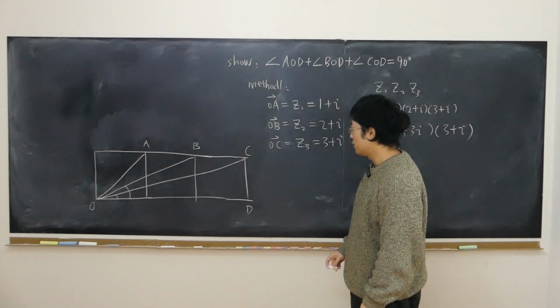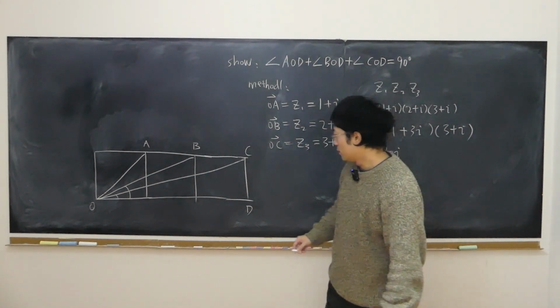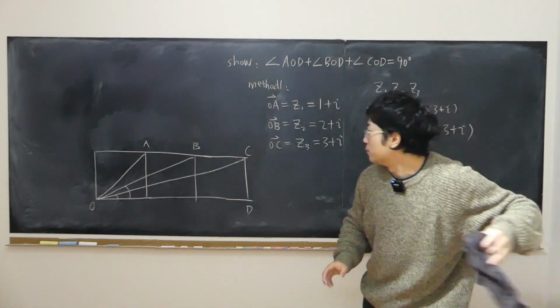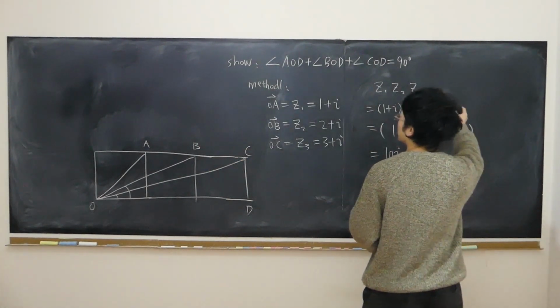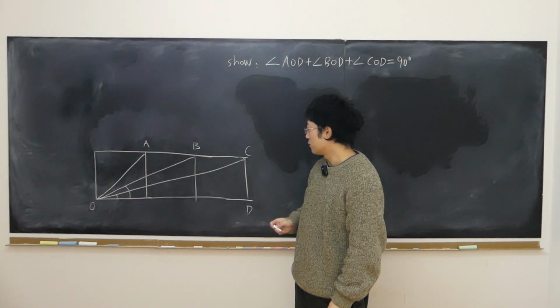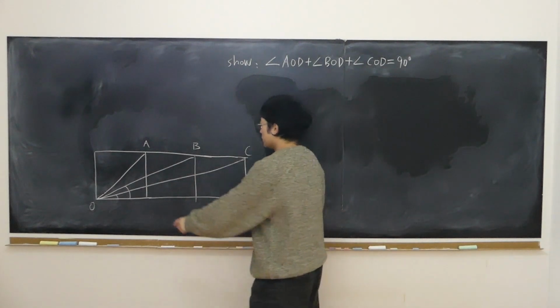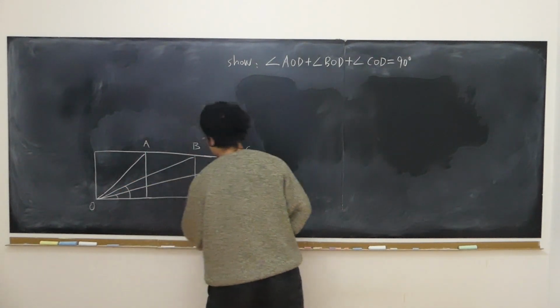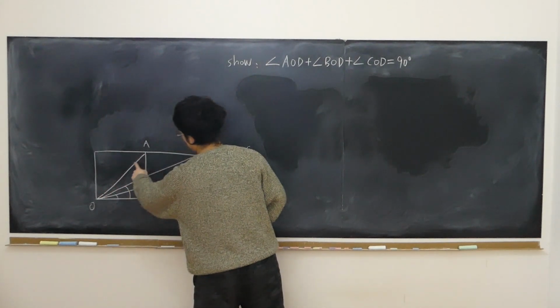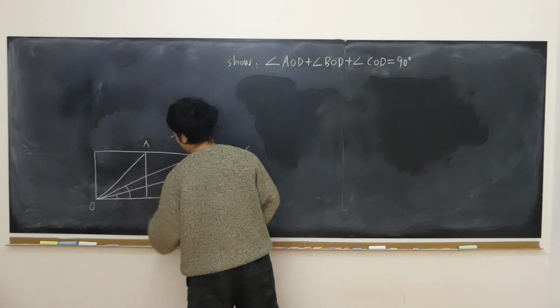And there is another method using geometry. There is really a geometric method. So the geometric method would be, first of all, I noticed that this angle, AOD, is easily just 45 degrees, right? Because this line is just the diagonal of this square.